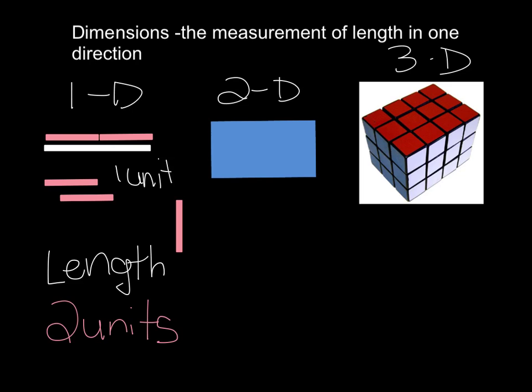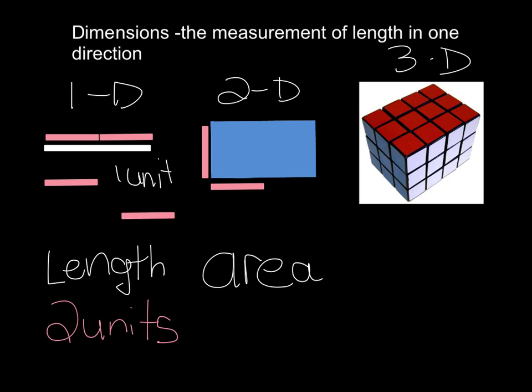Okay, next we're going to measure a 2-dimensional object. So when we measure a 2-dimensional object, we call that area. So we want to find the space inside. Okay, to do that, let's take one of our units over here. So we've got 1 unit in that direction. Then we've got 2 units in that direction.